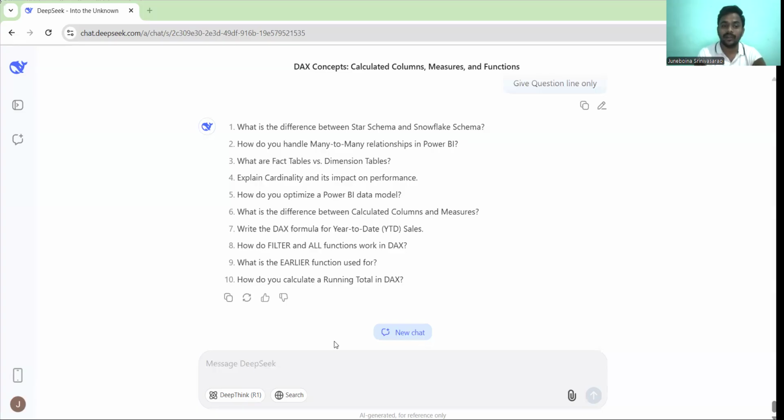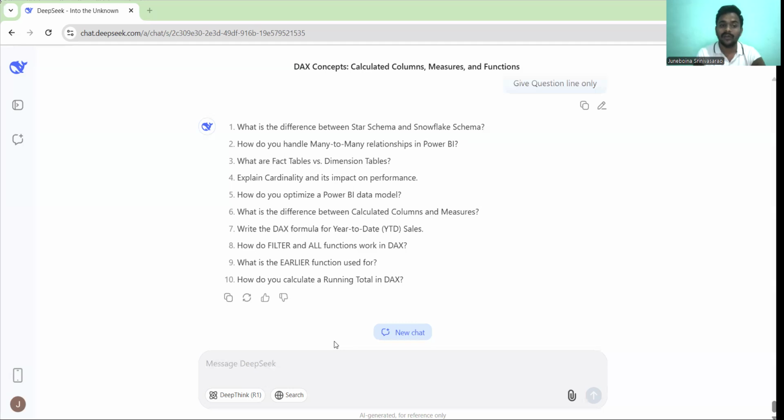It gives the results in the sales table where quantity is greater than 100. ALL function is used to remove all the filters applied on a column and tables. This is the importance of FILTER and ALL functions in DAX.